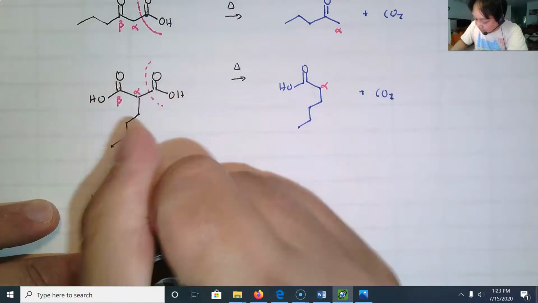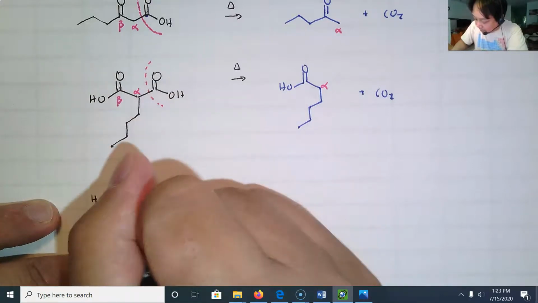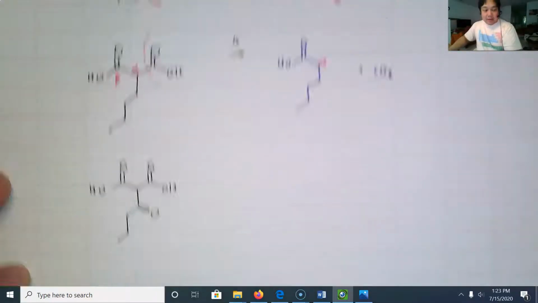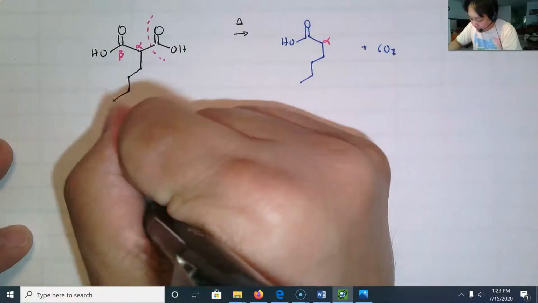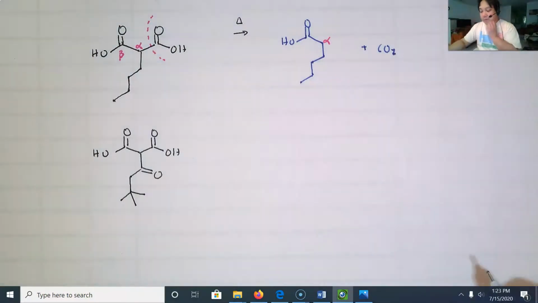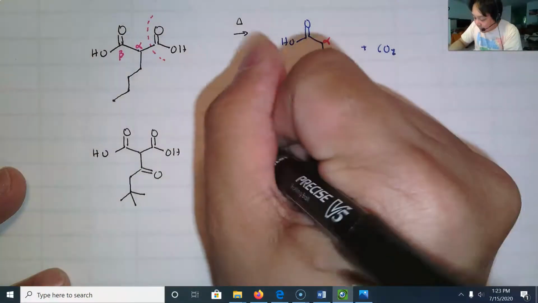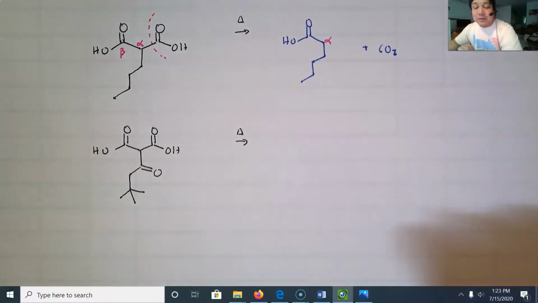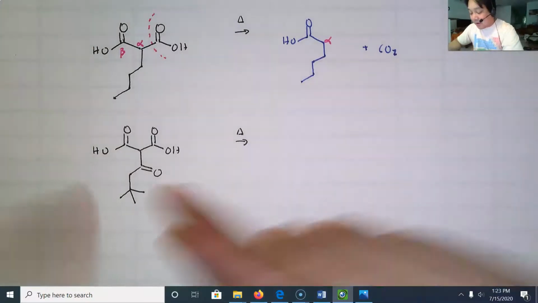If you have a chance to remove multiple carboxyl groups, go for it. And let me make this tert-butyl just to keep track of it. Heat. You can think of this stepwise, and that's what I would suggest. We have two carboxyl groups.